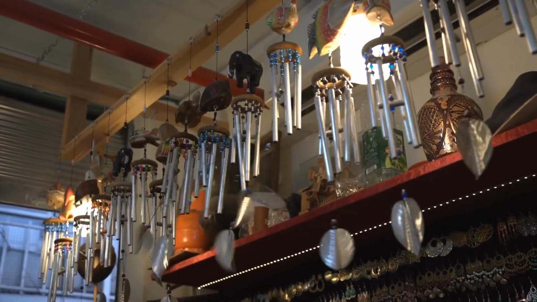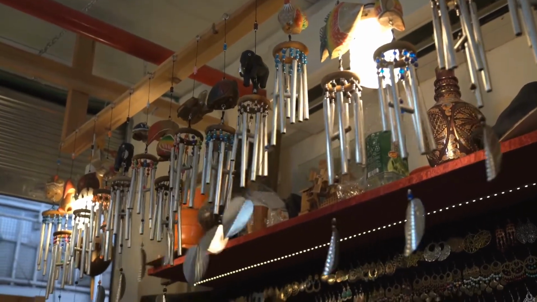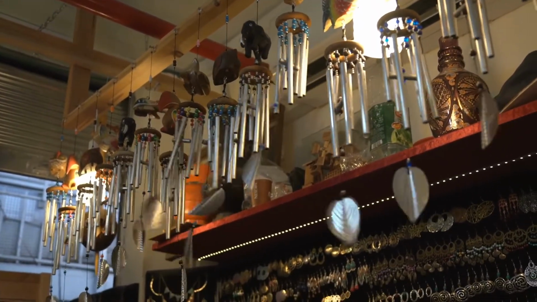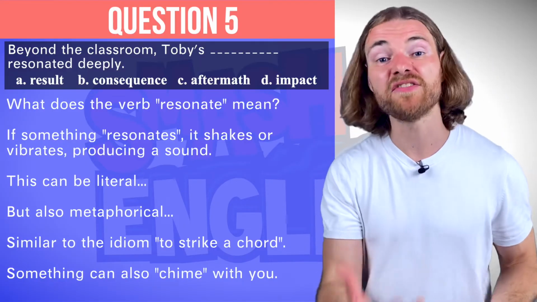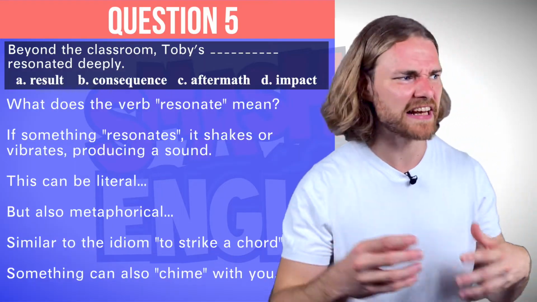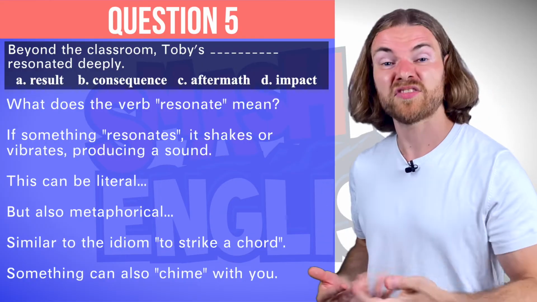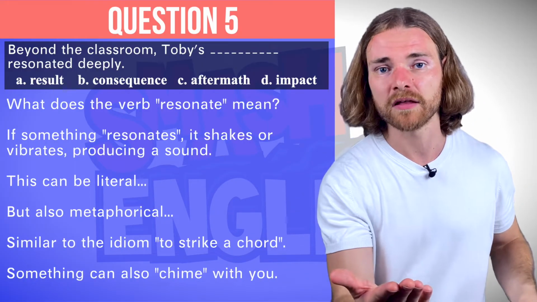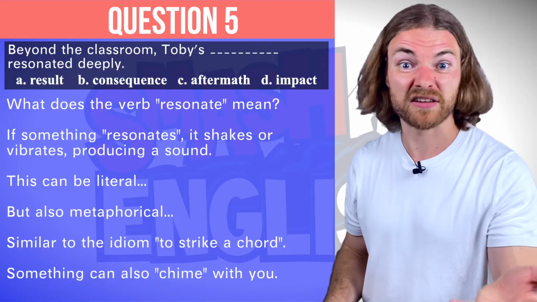These are chimes here. Once they are hit, then they make a noise because they start to resonate. So once again, if someone says something or you see something that leaves an emotional impression on you, then you can say, wow, that really chimed with me. That really struck a chord with me. That really resonated with me. They all have the same meaning, literally and metaphorically.